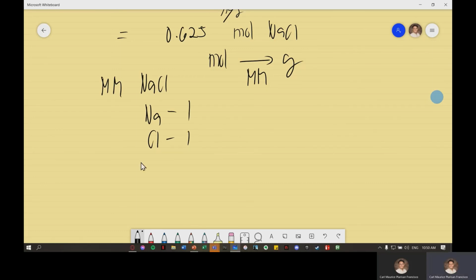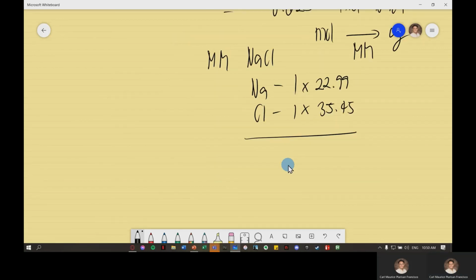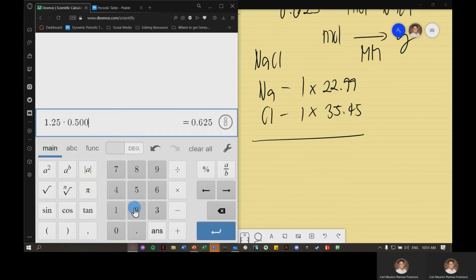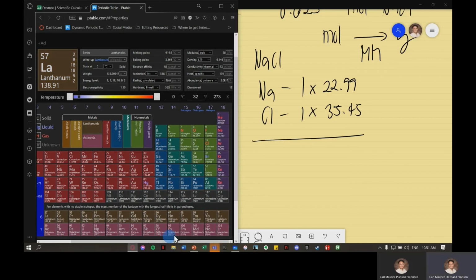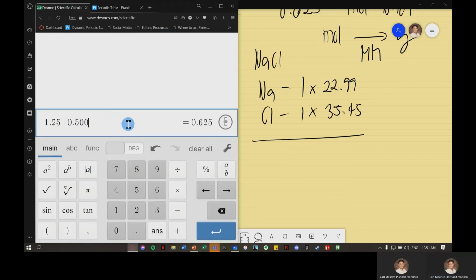One atom each, multiplied by their atomic masses: 22.99 and 35.45. Just to check, sodium is 22.99, chlorine is 35.45. So input them in the calculator.